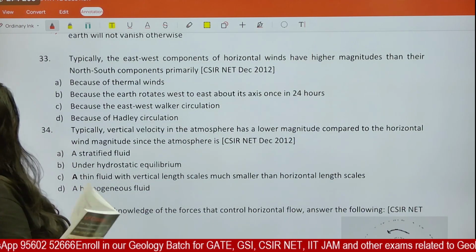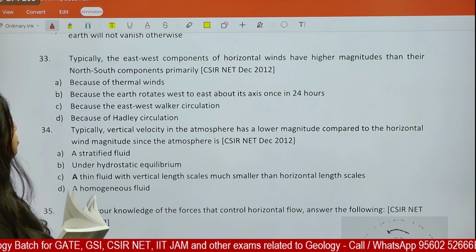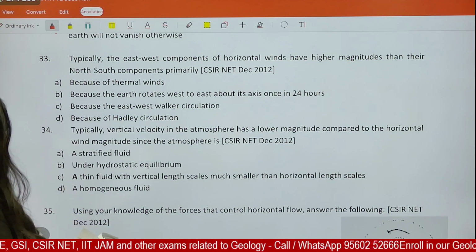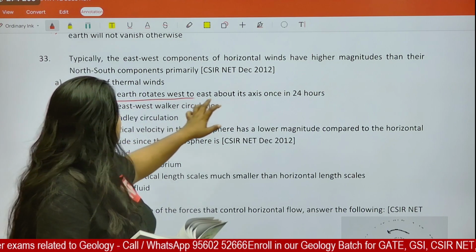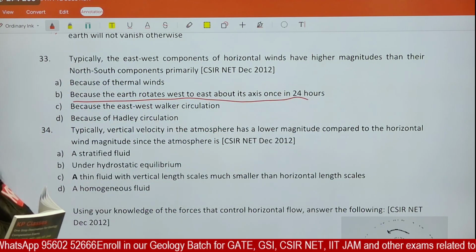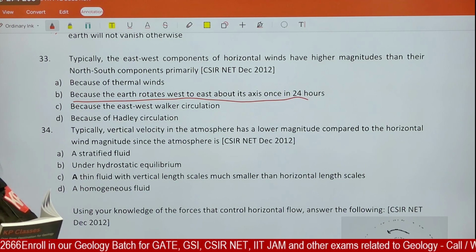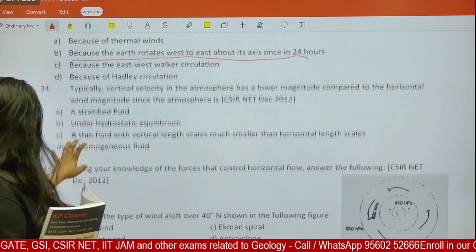Last few questions. Typically, east-west components of horizontal winds have higher magnitudes than their north-south components. Again, this is because the Earth rotates west to east about its axis in 24 hours. That's why the east-west components have higher magnitudes than the north-south components.